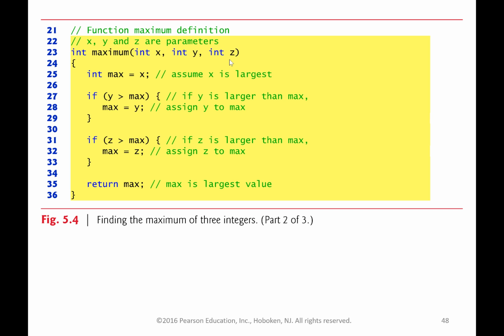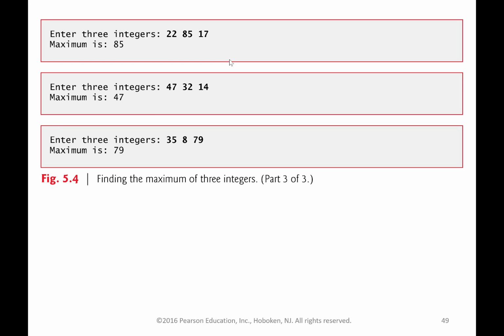Then we figure out which one's the maximum. We set max equal to x. If y is greater than max, we set max equal to y. And if z is greater than max, then max is equal to z. And we return max. So that's our relatively simple function.